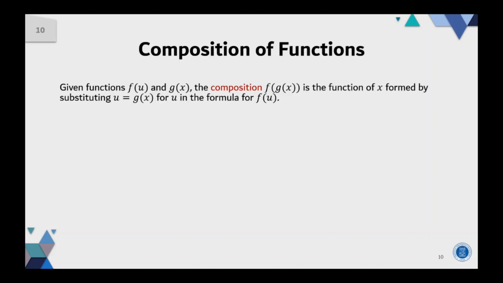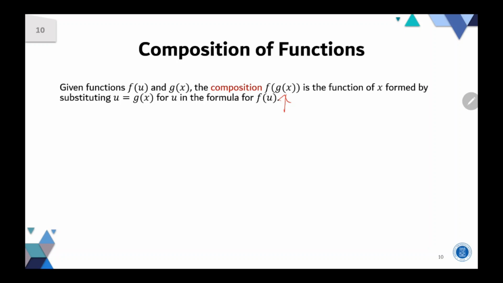One of the ways is what we call the composition of two functions, which we write as f of g of x. From the notation, you can see how we combine these two functions. It's just by substituting g of x into the function f.